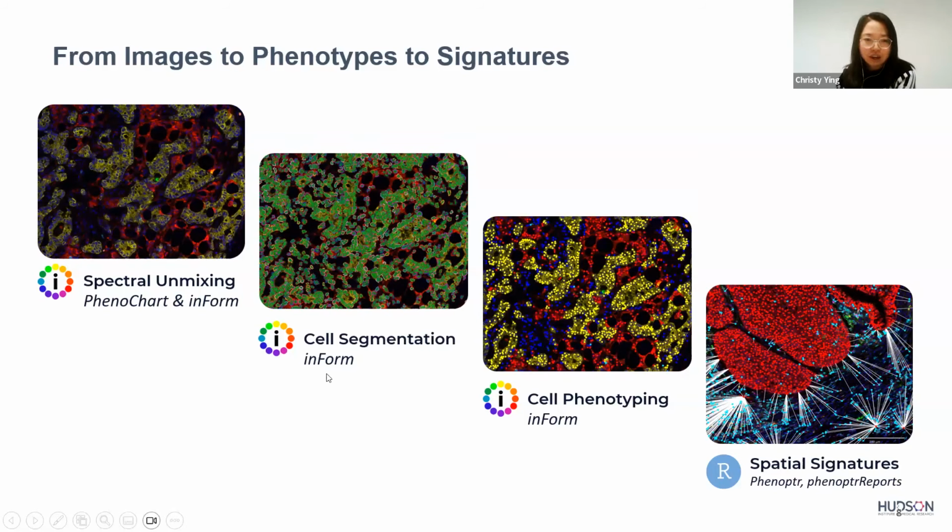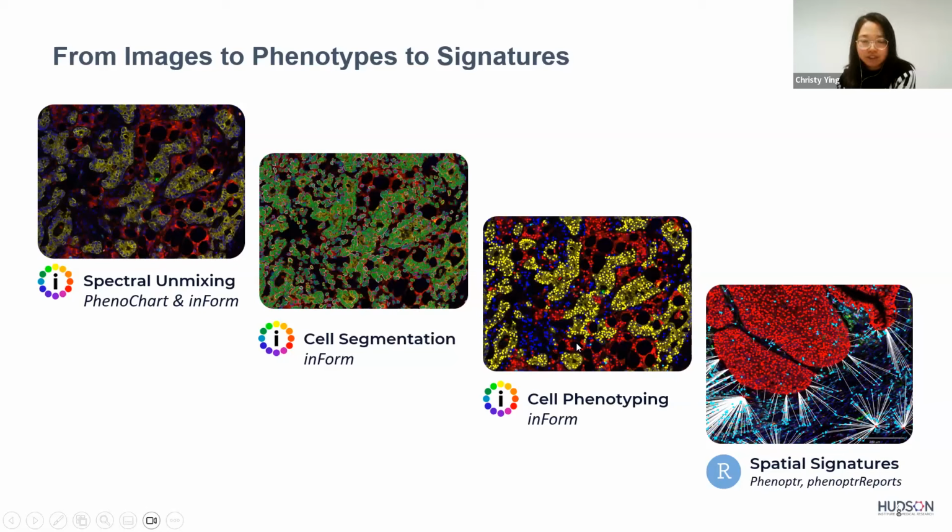We can do cell segmentation to tell which part is tumor cells and which is stroma cells, or other cell segmentation. And the third part is cell phenotyping. With the biomarkers we have stained, we are able to identify the cells into different phenotypes.